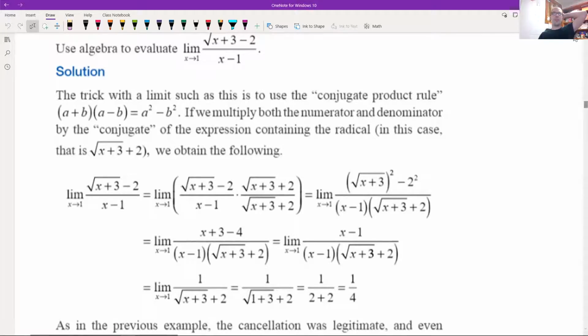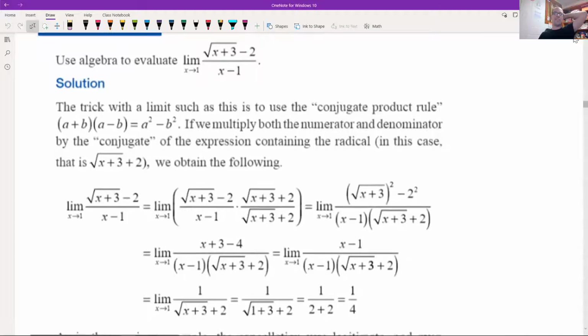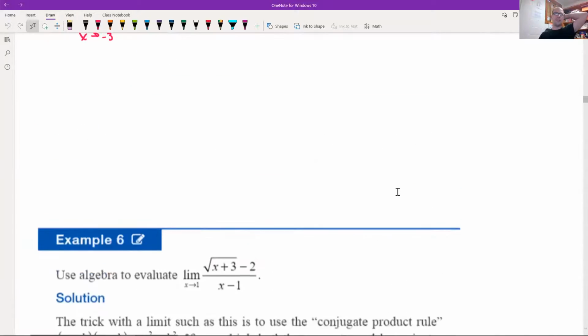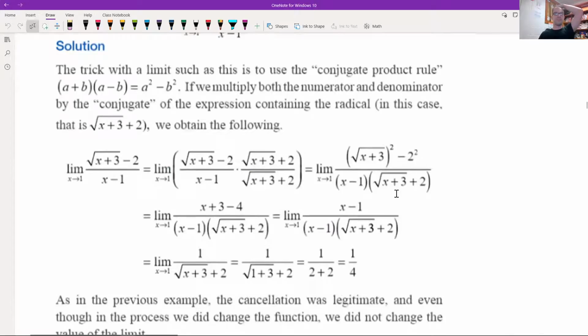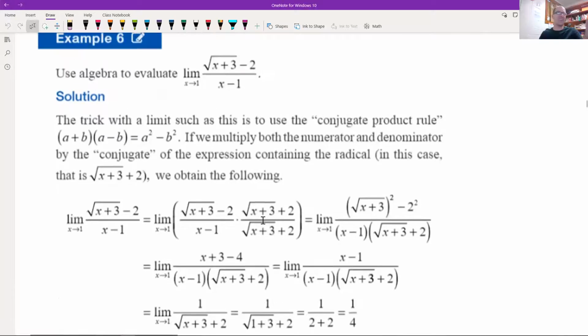But even if you wanted to, you could pause and try it yourself. At this stage, just knowing that multiplying by the conjugate will make things work out nicely, it's really more of a trick than anything. That's great. That one works out to be 1/4. Okay.